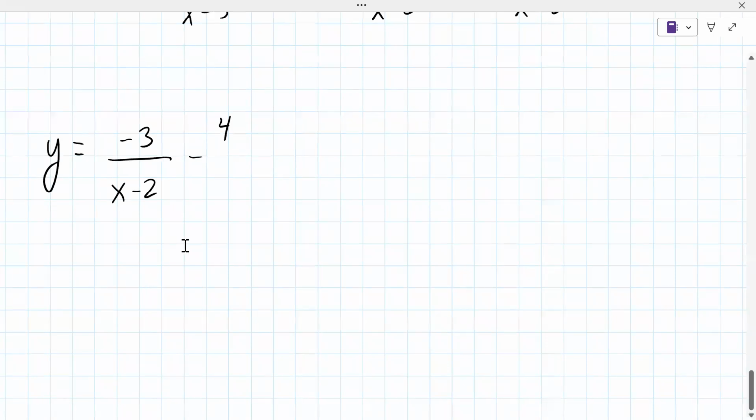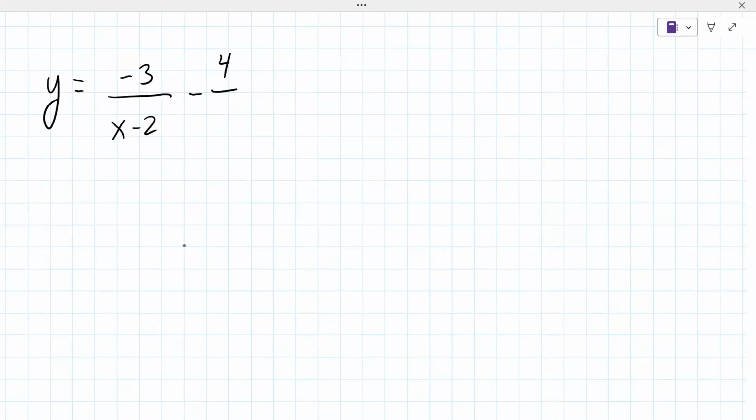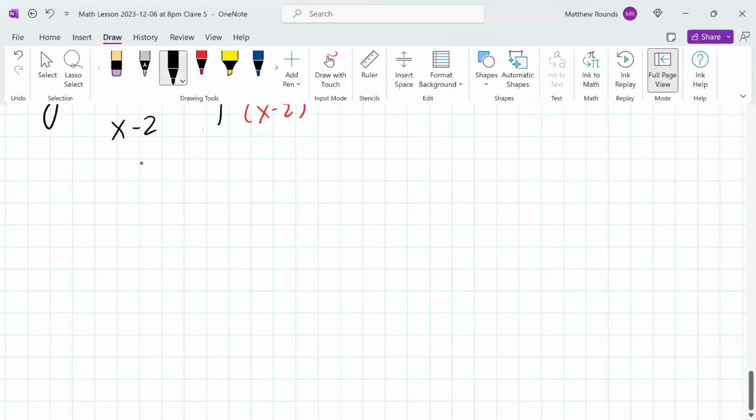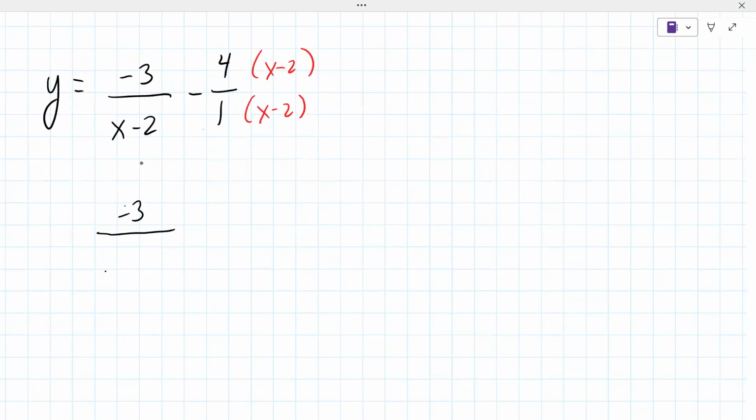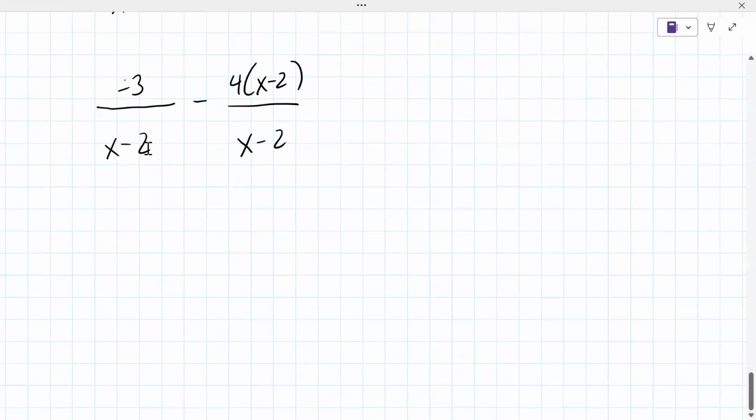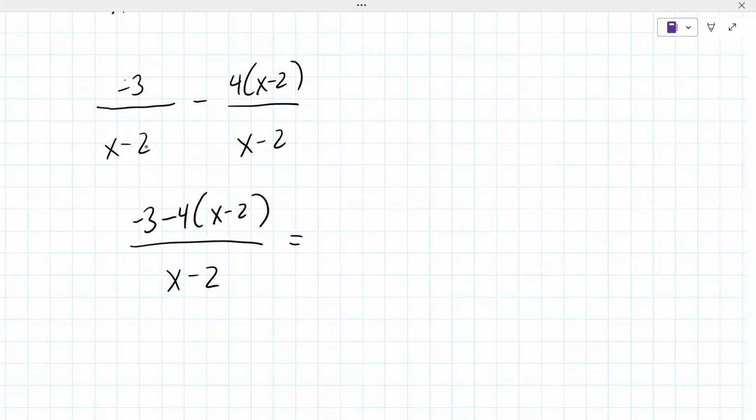Okay, so 4 is really 4 over 1. And then we multiply the top and the bottom by the same bottom here. So this becomes -3 over x minus 2, minus 4 times x minus 2 over x minus 2. Then because the bottoms are the same, you keep the bottom, -3 minus 4 times x minus 2.